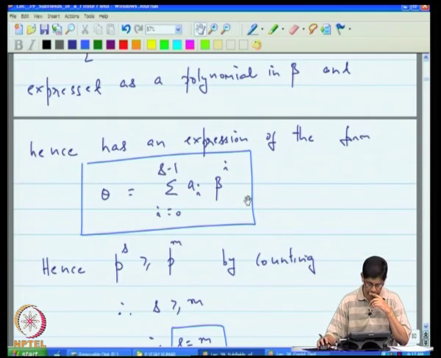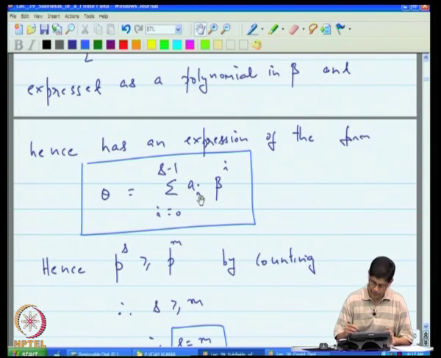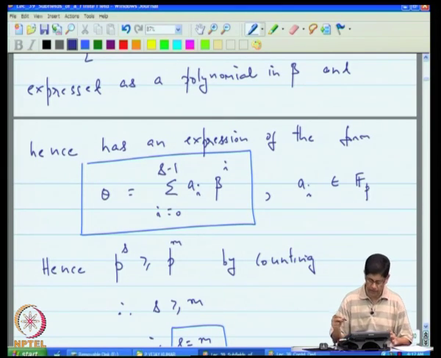But then the total number of elements here is only p to the s, because there are a total of s coefficients a_i. Again to emphasize, the a_i come from F_p.